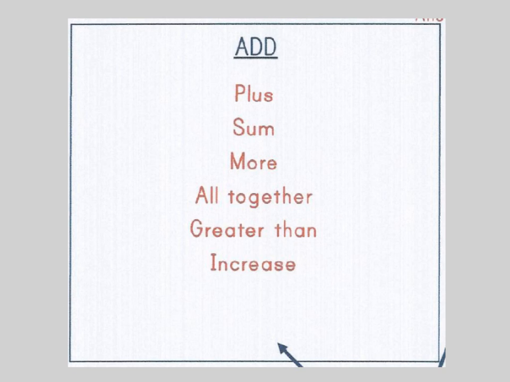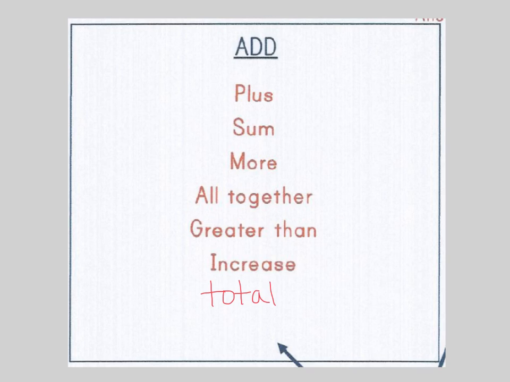Now let's check to see how you did, and if you've got some wrong, put them in the correct place. Under adding, you should have plus, sum, more, altogether, greater than, increase, and one more that's not on here is total.